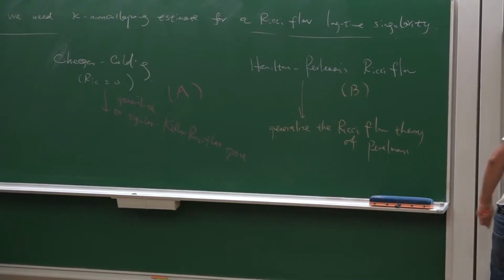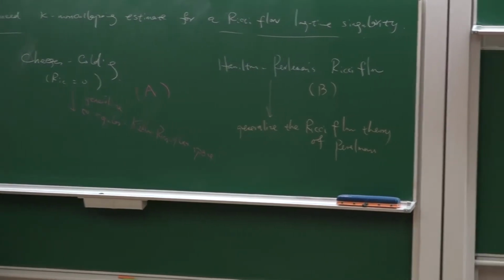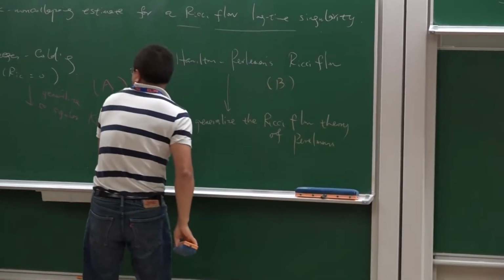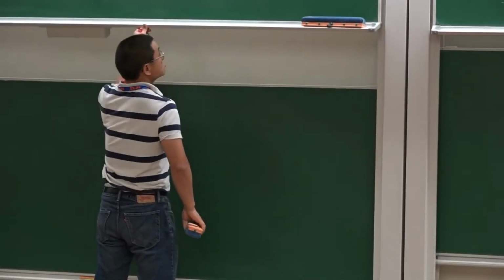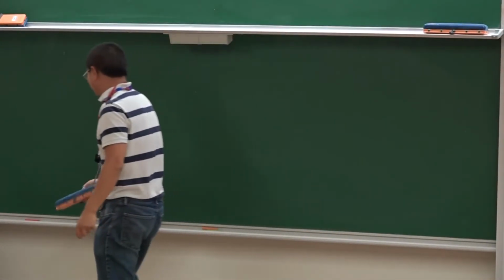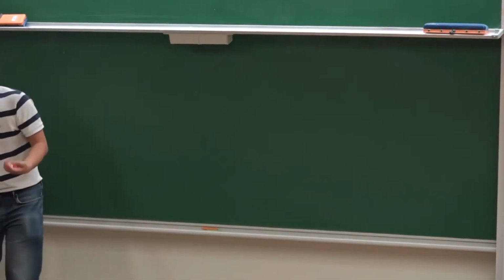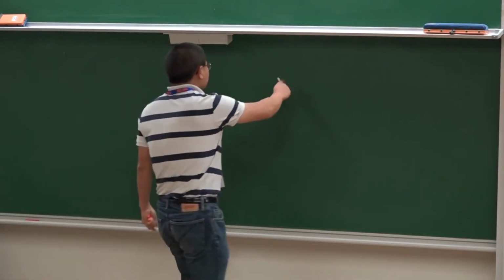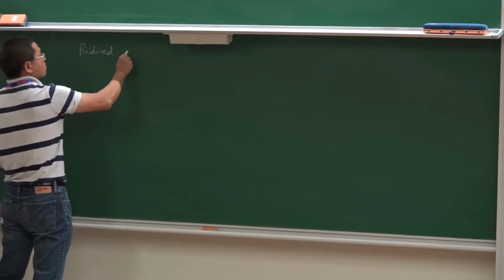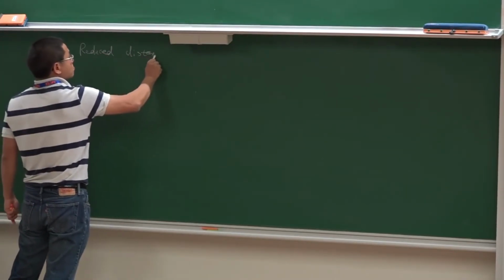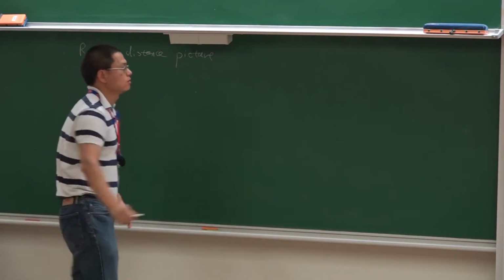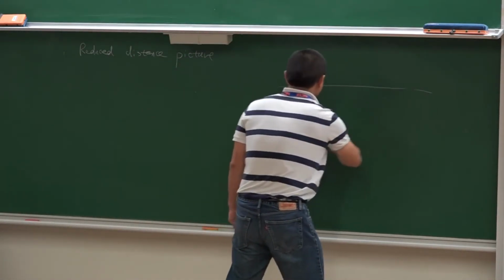The reduced distance picture. So you have a Ricci flow.